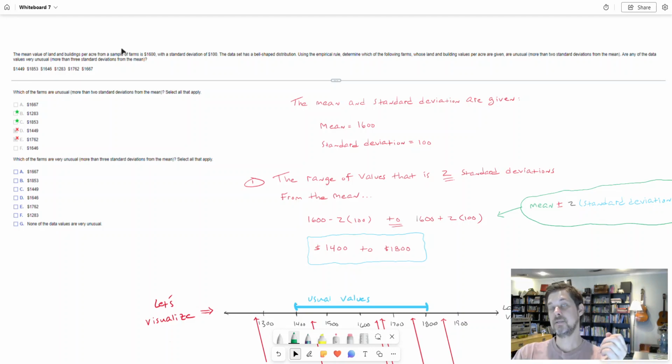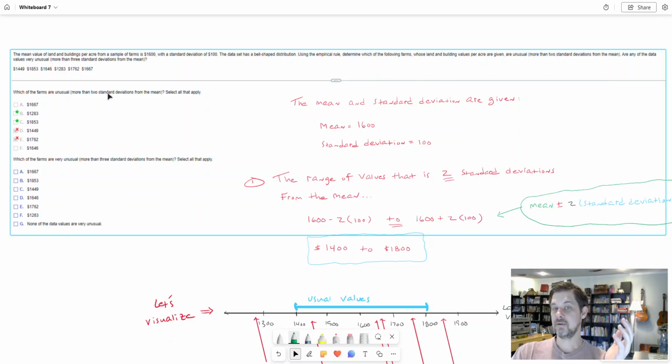There might be some typical values that are more or less what we would expect a house to cost, but then there are going to be some that are far less or far more. So you get this idea with numbers, with data, with prices, or whatever it is, that there are typical values that you expect, and then there are unusual values, and that's what this is asking us about.